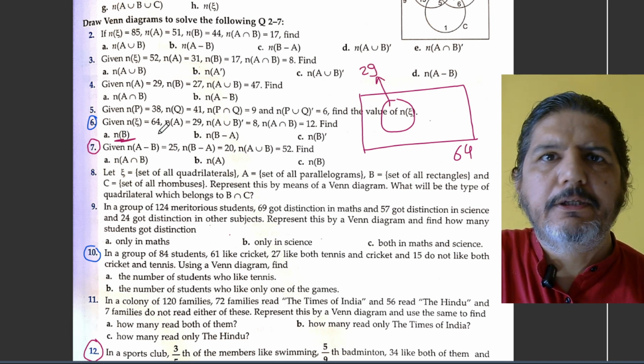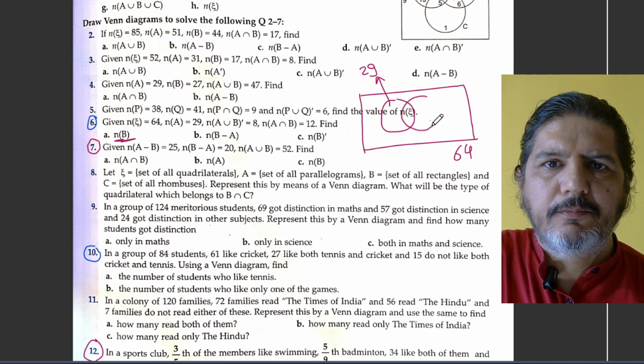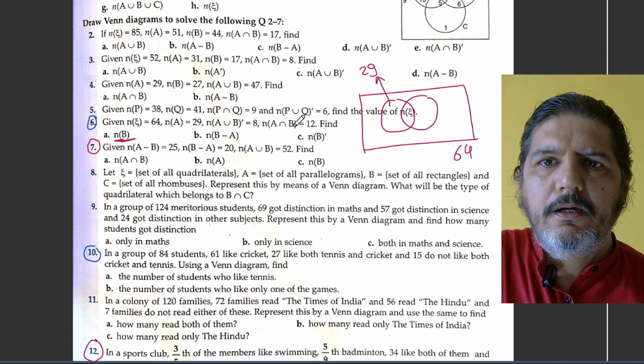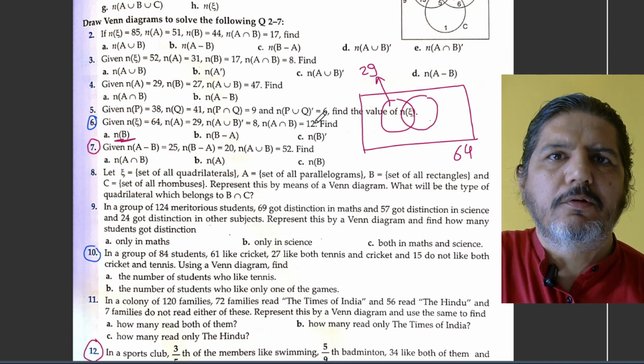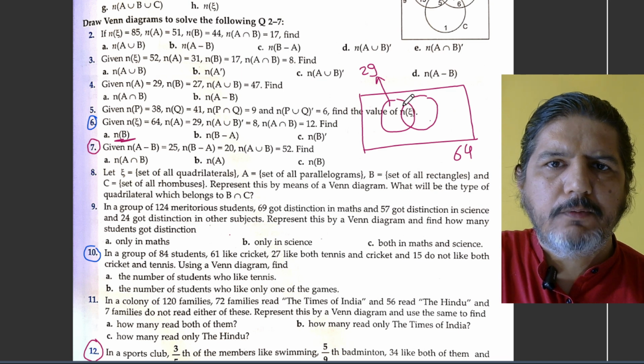I have to find B, but there is some other information which is given to me. n of A intersection B is 12, so this intersection part would be 12.